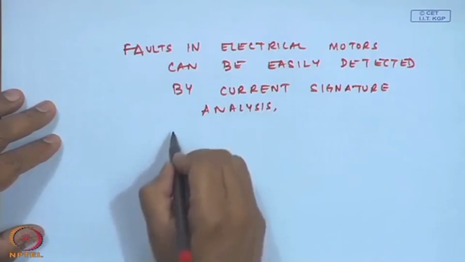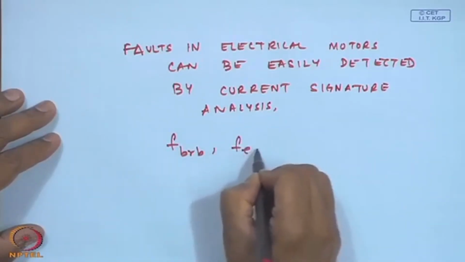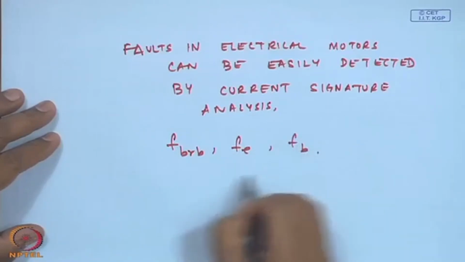All you have to do is look out for the frequency of the rotor bars, frequency because of eccentricity, frequency because of the bearings, and so on.